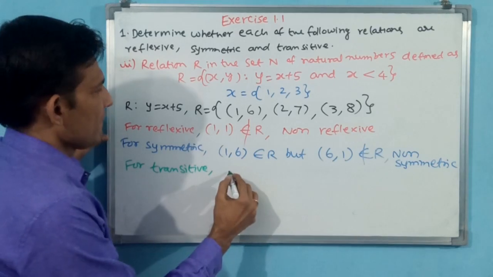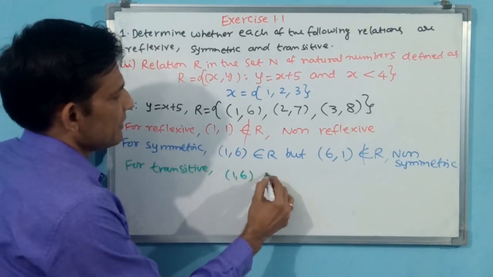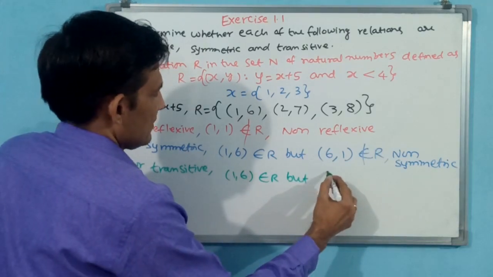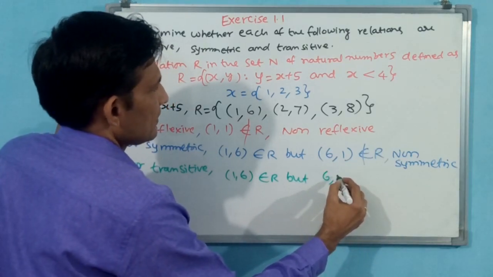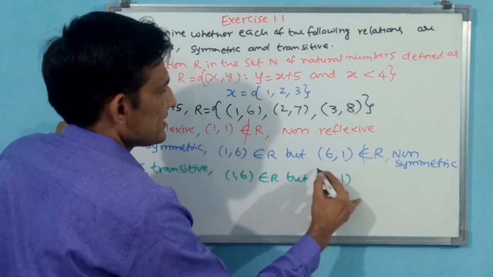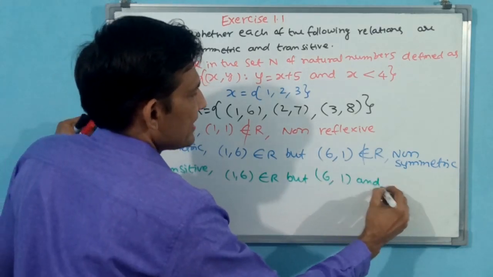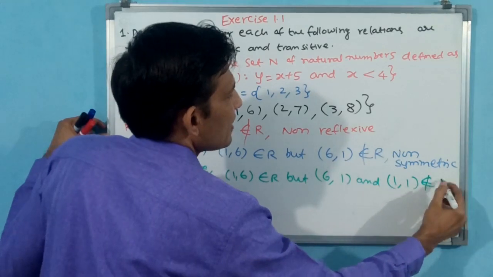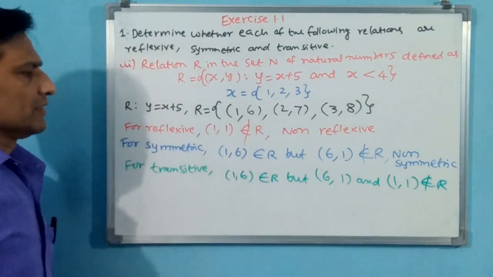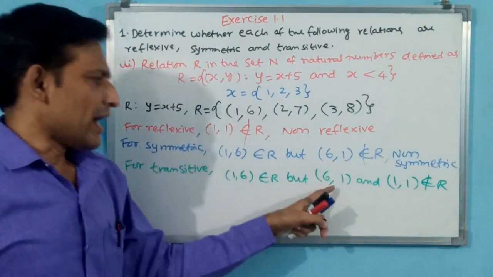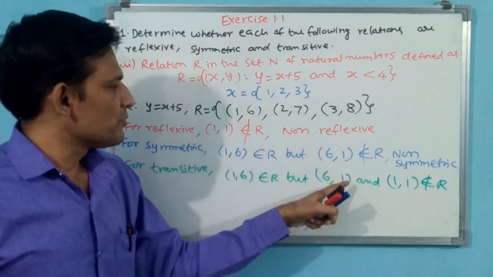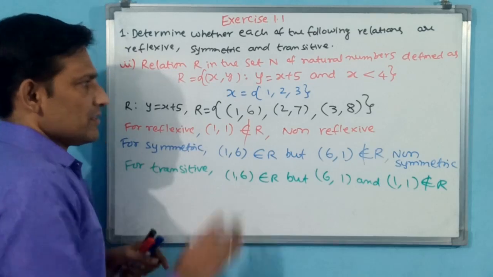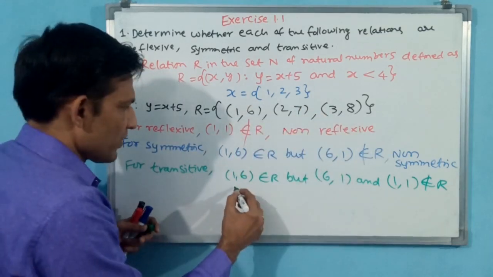You see, 1 comma 6 belongs to R, but 6 comma 1 and 1 comma 1 do not belong to R. Or else, from 6 to any element, that element and 1 should have a relation. Okay, see, such a type of relation comes.